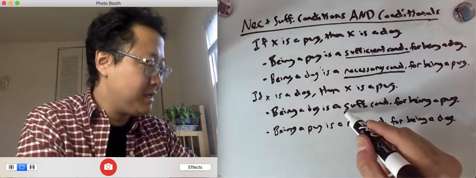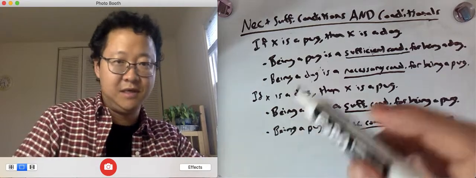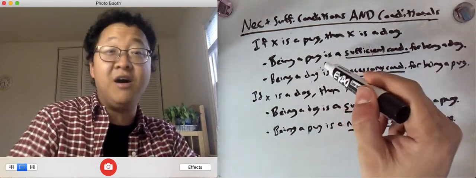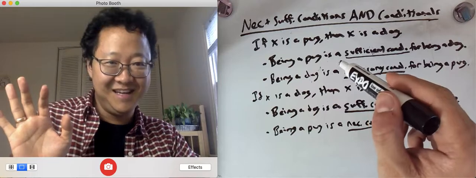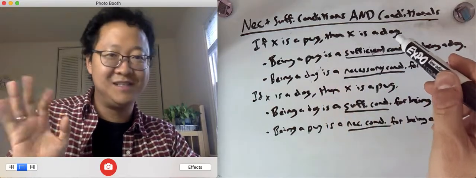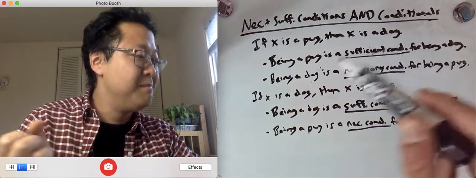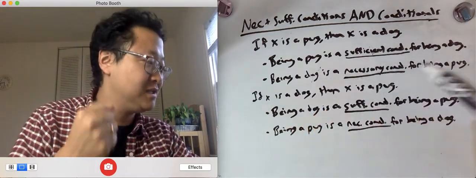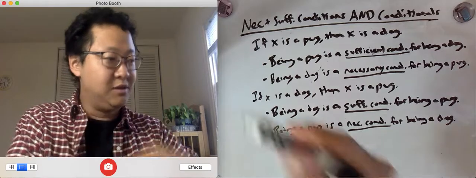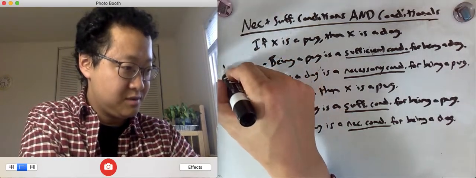Now, what I'm hoping that you're getting out of this is this. These three statements are all saying the same thing, okay? To say that if X is a pug, then X is a dog, is to say the same thing as saying being a pug is a sufficient condition for being a dog, as well as being a dog is a necessary condition for being a pug. So all of these sentences are true.